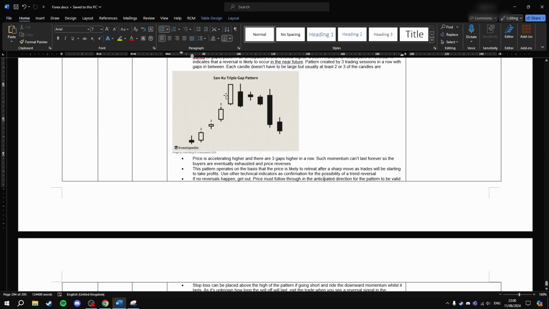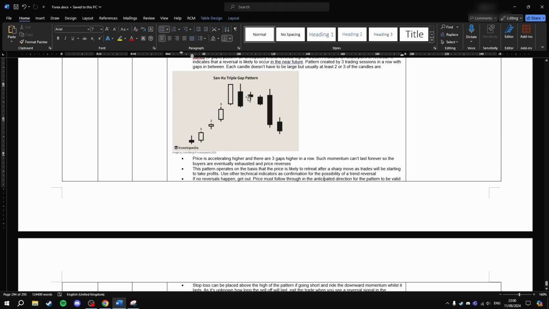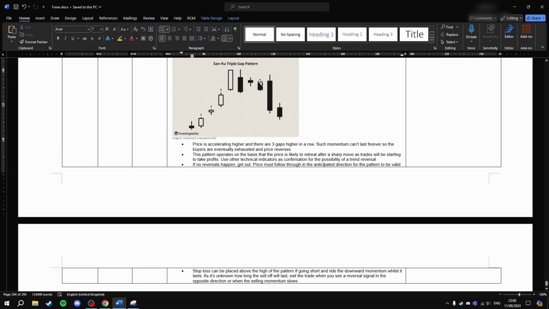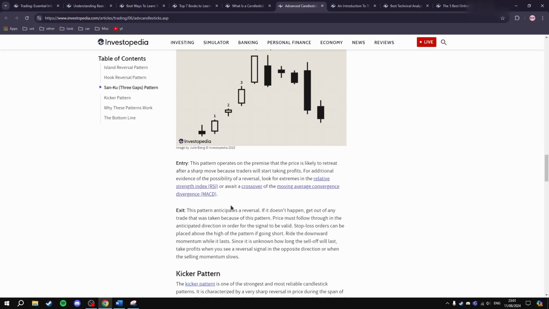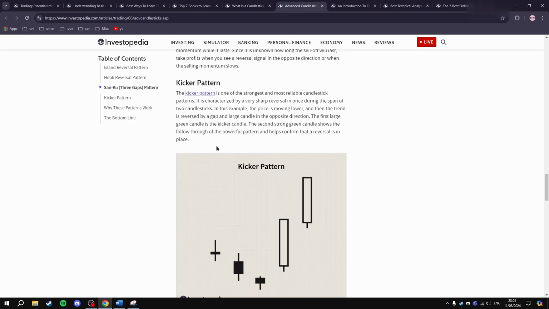So it instantly invalidates the pattern and you have to close the trade. But then the downward momentum comes. I don't really know about this one, to be honest. I have to use other technical indicators to confirm this, so it won't work on its own basically.